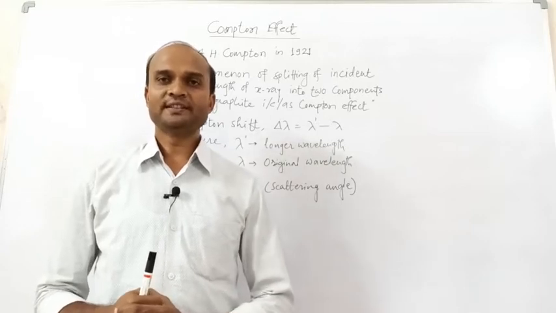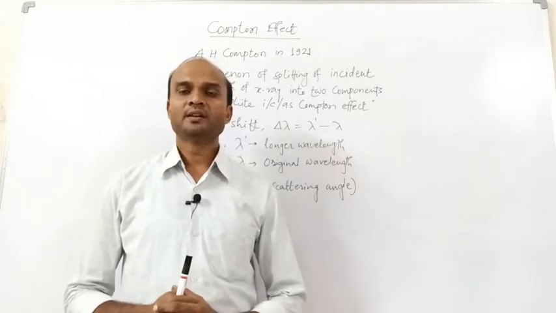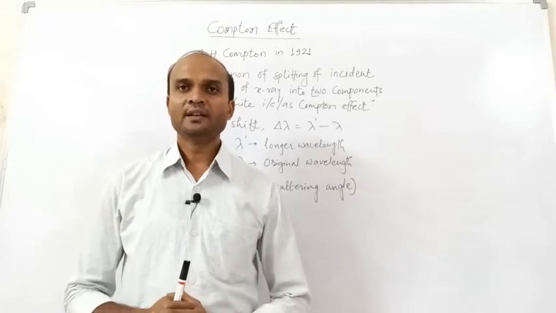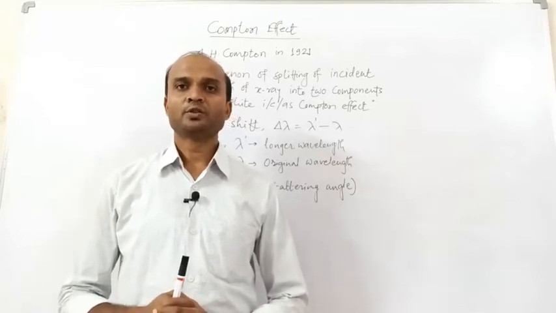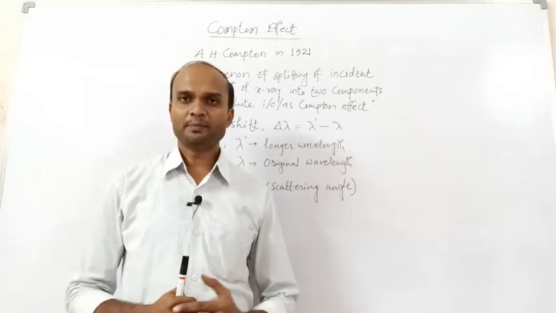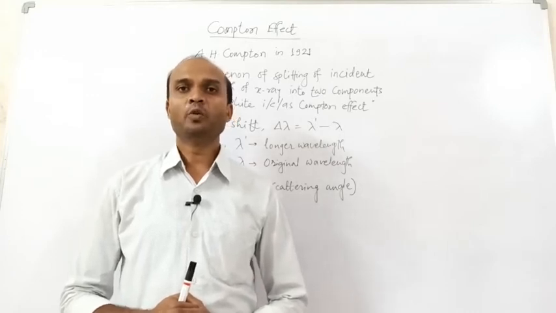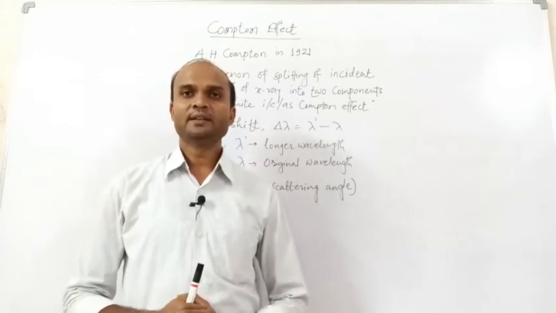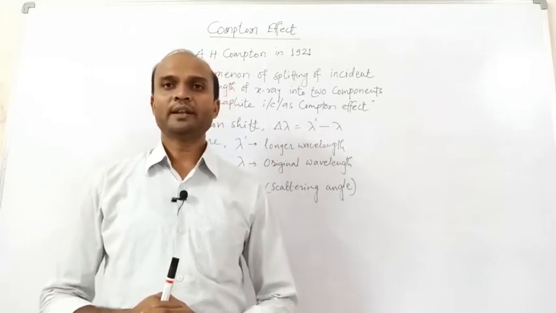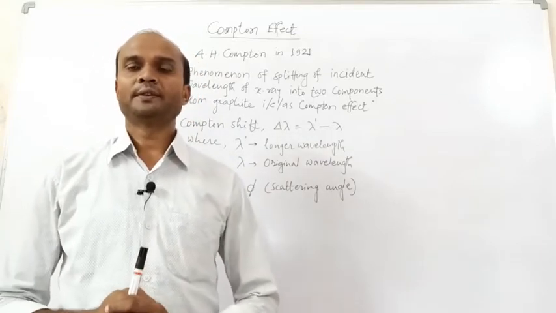One peak corresponds to the original wavelength, while the other peak corresponds to a slightly longer wavelength. The peak corresponding to the original wavelength is called the unmodified wavelength.